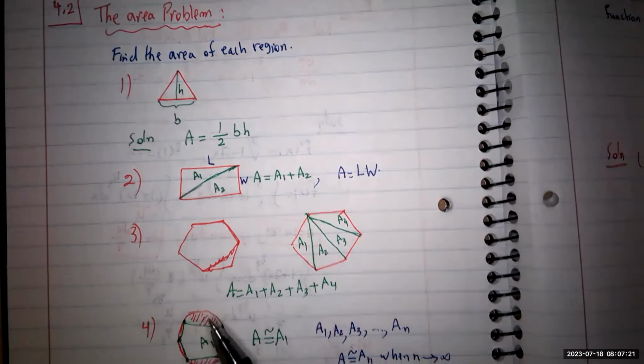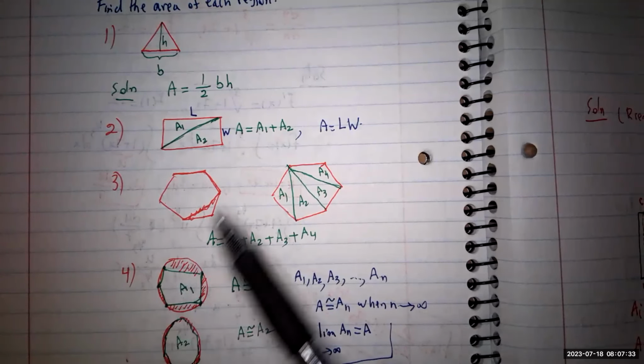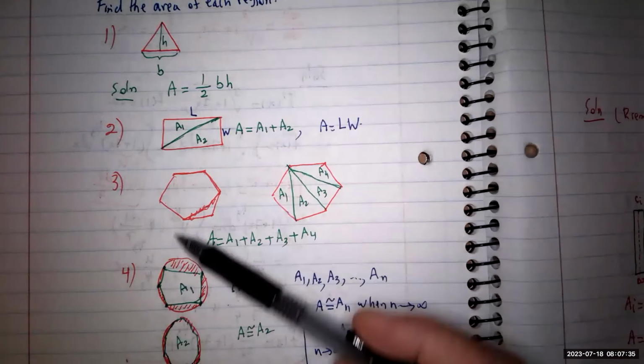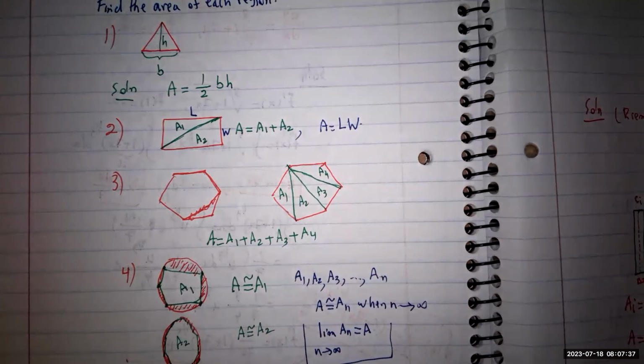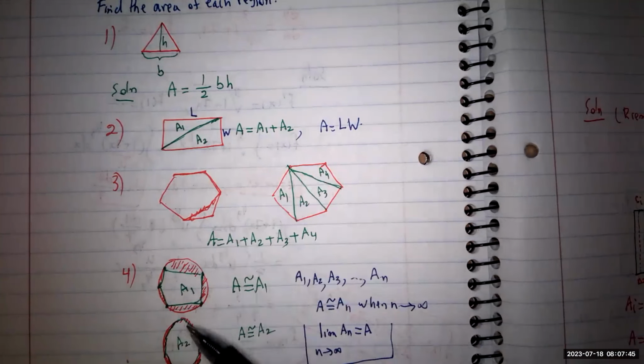But there are going to be curvilinear areas in everyday life. The best curvilinear area is a circle. If you want to find the area of a circle, and we would like to use the same idea here, since the side is a curve, we cannot cover it exactly as we did with the others.